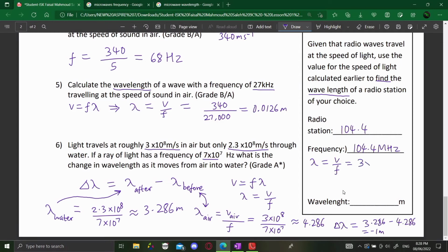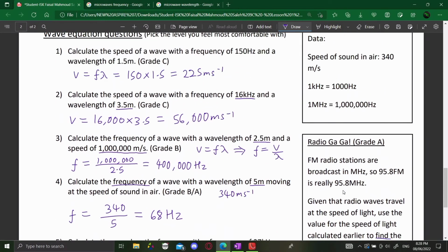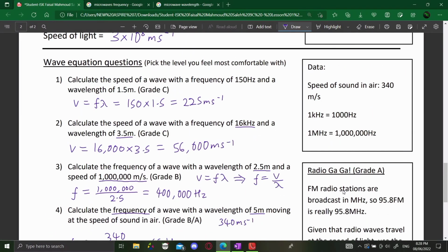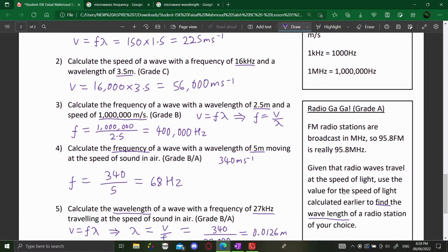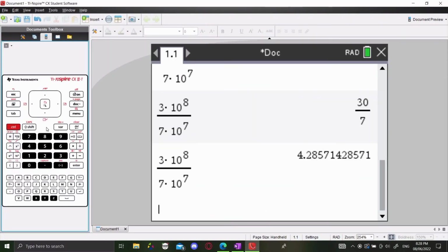So that's 3 times 10 to the power of 8 divided by, and 1 megahertz is 1 million hertz. So I'm going to write that as 10 to the power of 6. It's too big to fit in the space. So that's 104.4 times 10 to the power of 6. Let's see what that is.